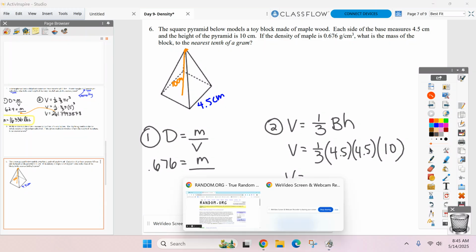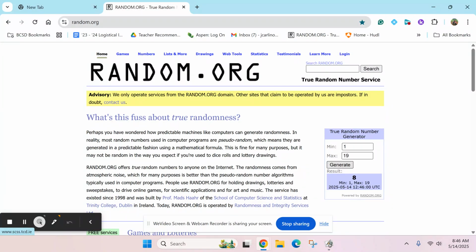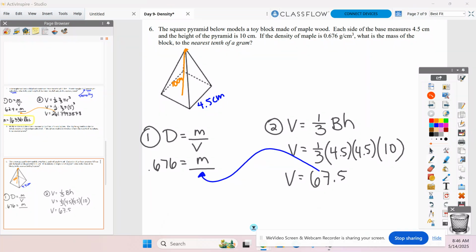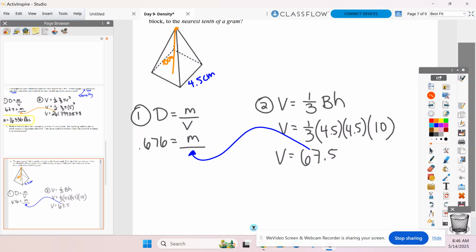When you have the volume, let us know so we can substitute it in there. Jayla, when you have the volume. Good job. Great. Substitute it in. And what are the nearest 1/10 of a gram here? Nearest 1/10 of a gram.